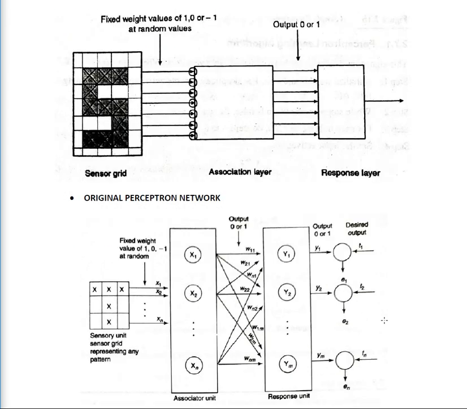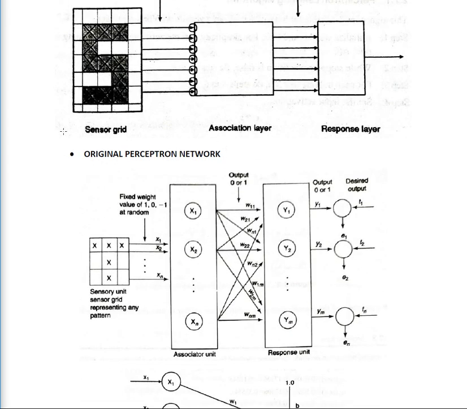Now if you look further, when we talk about a sensory grid, it is represented in this form, given as x1, x2 up to xn, where we have taken a bipolar binary input. Binary is 0 and 1, but we have taken a bipolar situation. That's why it is 1, 0, -1, a bipolar situation. x1, x2, xn is nothing but the association unit, and the response unit, which is the output, is y1, y2 up to yn.